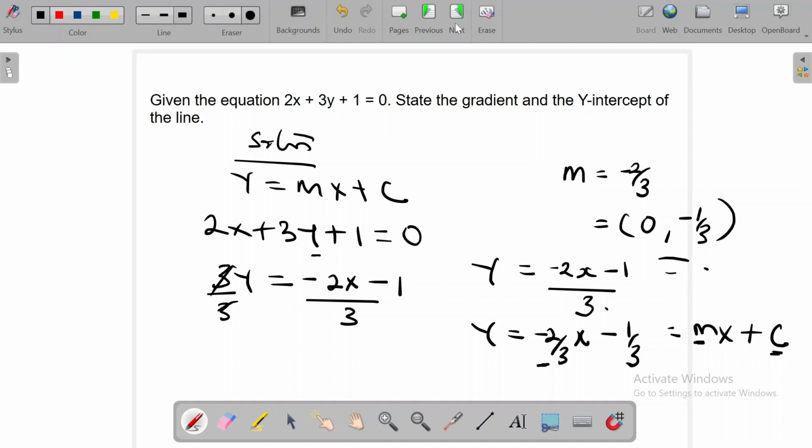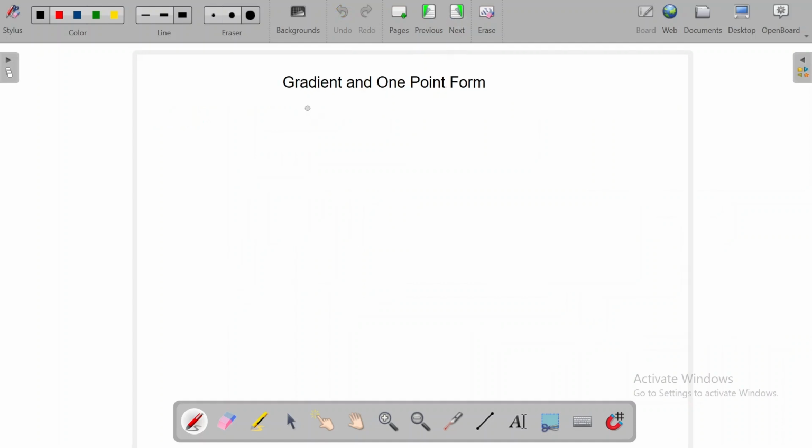Now let's move to the next topic, which is called gradient and one-point form. From the last video, I explained what we mean by the midpoint of a line. If you have point A moving to point B, this has a coordinate which you can call x, y.